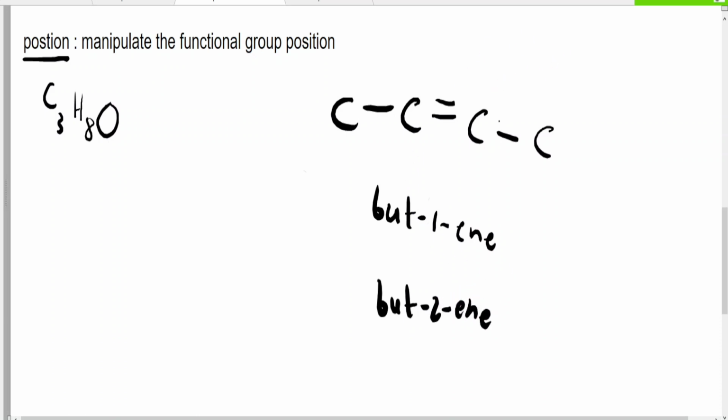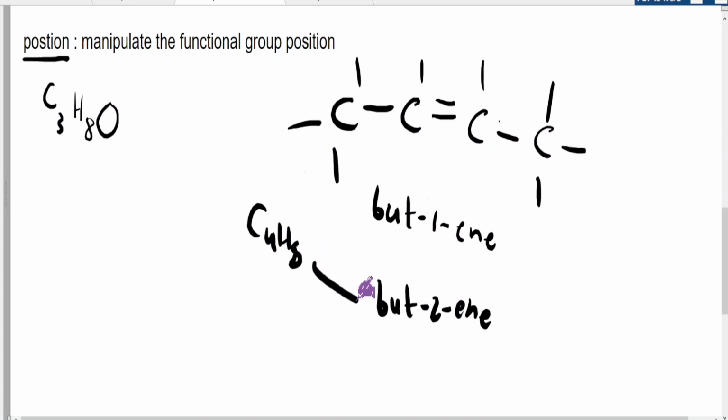And how many hydrogens do I have? I have 1, 2, 3, 4, 5, 6, 7, 8 hydrogens, C4H8. This is C4H8. And how many hydrogens and carbon atoms does but-1-ene have?